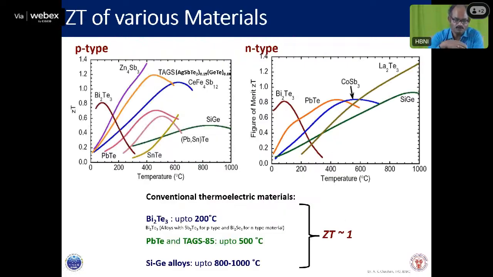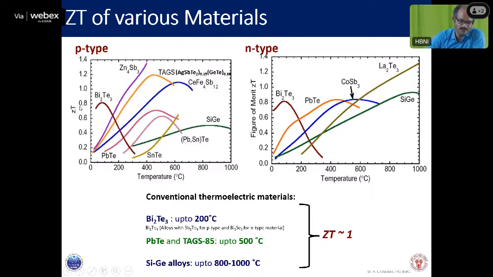These are different kinds of materials which are used in thermoelectric devices. These are P-type materials like bismuth telluride, P-type bismuth telluride. You have bismuth telluride N-type also by doping. These are by different dopings. Then you have different materials.